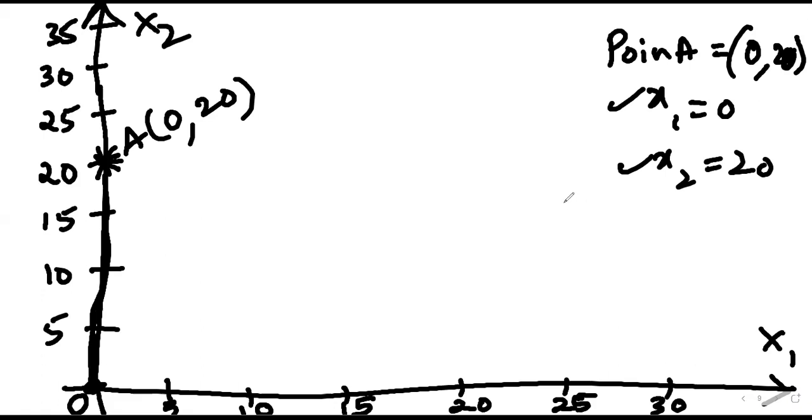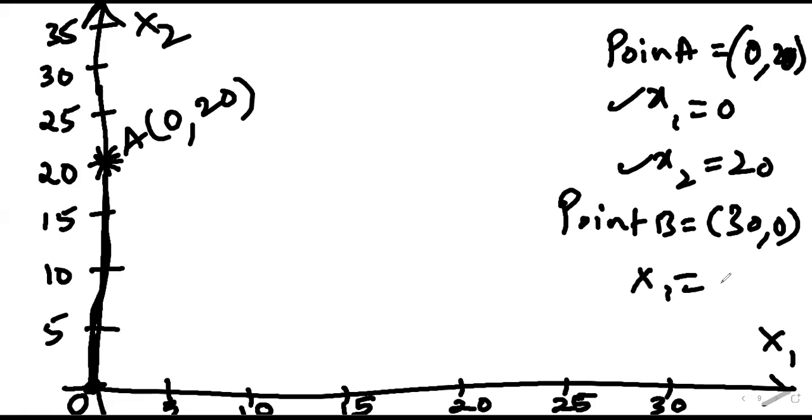What about point B? 30, comma 0. So what is x1? 30. X2 is 0. So where should point B be located? On the y-axis or x-axis? X-axis. Others also agree to this?